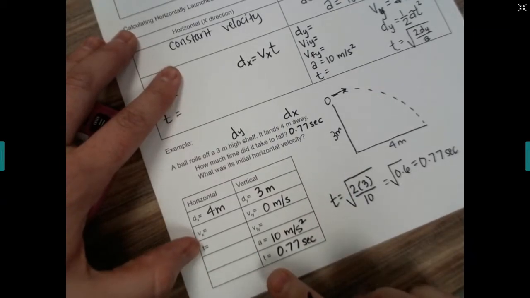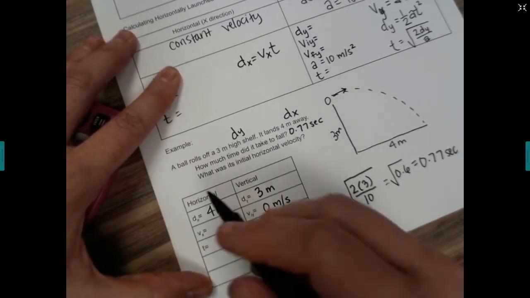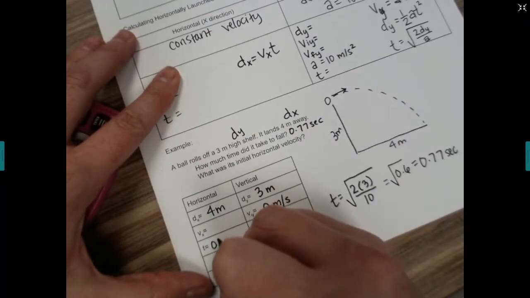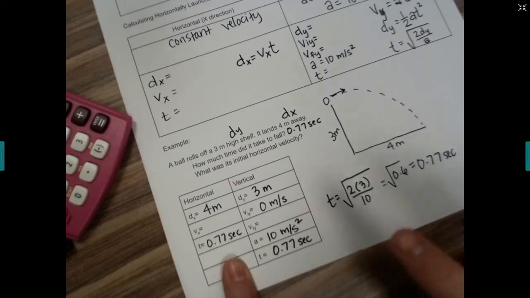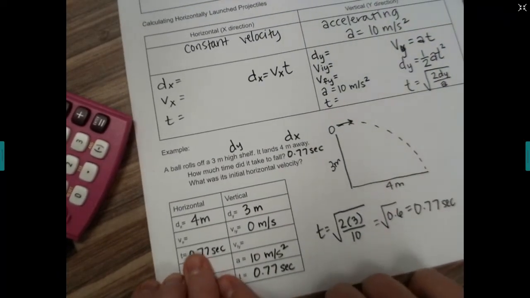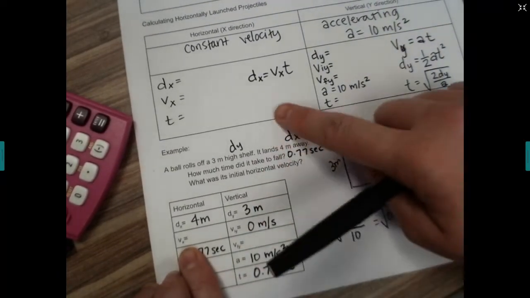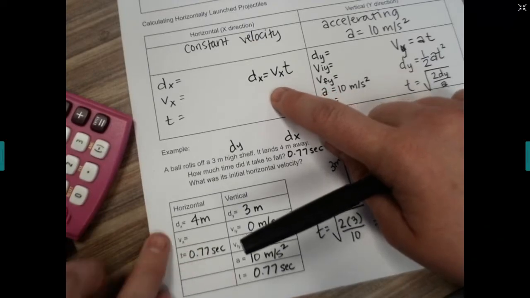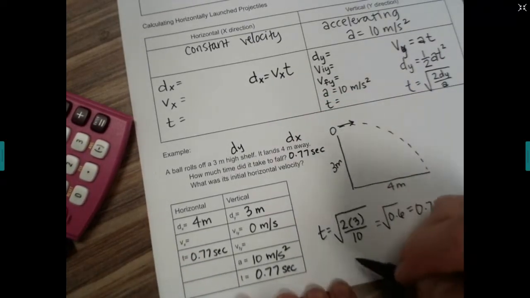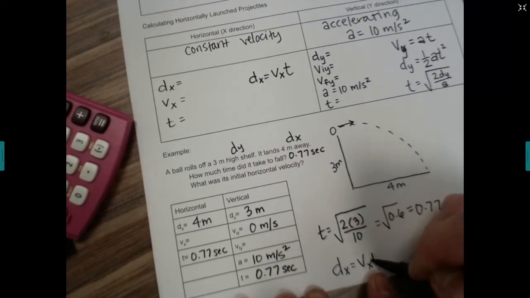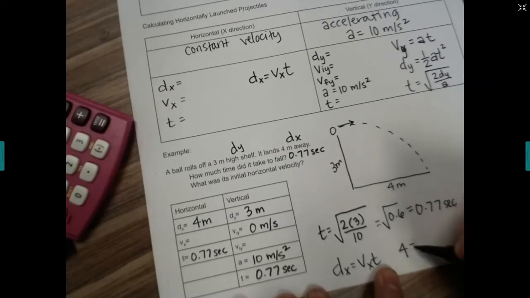Now remember that time is shared on both sides. So however much time here, that's how much time it has over on this side as well. All right, now if I check out my formulas, I wanted to find the velocity in the x direction. Well, now I can use this formula right here to do that because I know the distance in the x direction and I know the time. So I've got 4 equals velocity in the x direction multiplied by 0.77.